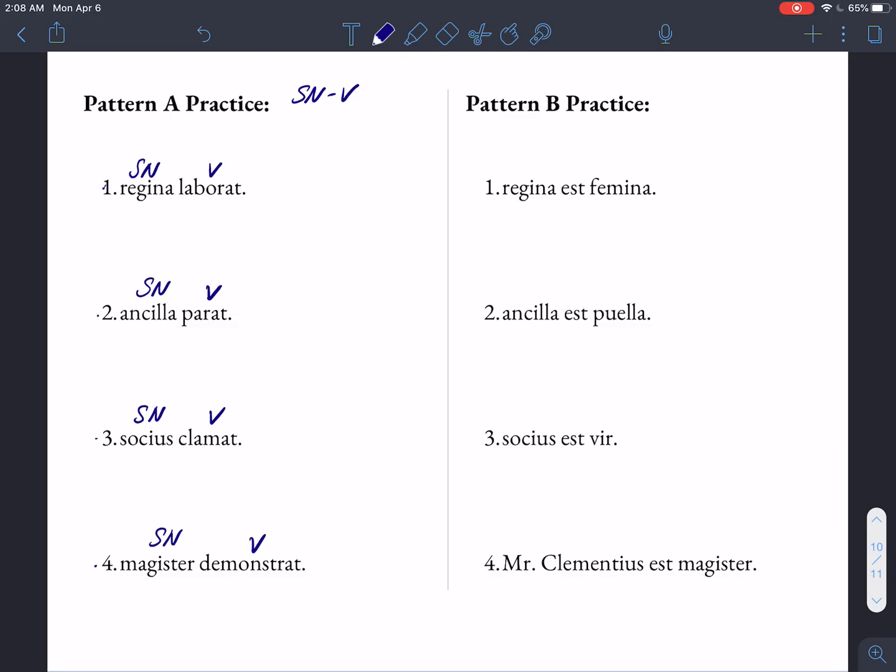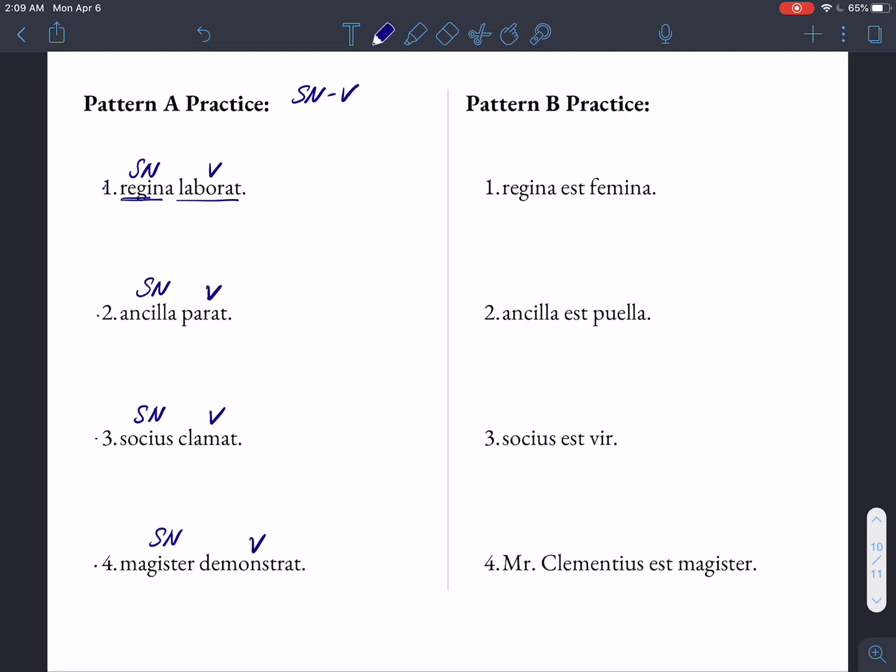So if you've been studying your vocabulary, you would know that Regina is a noun. And you would know that laborat is a verb. You would just know it because you've been studying your vocabulary. And that is why I've been hounding you all since day one to study your Latin vocabulary. Understood?